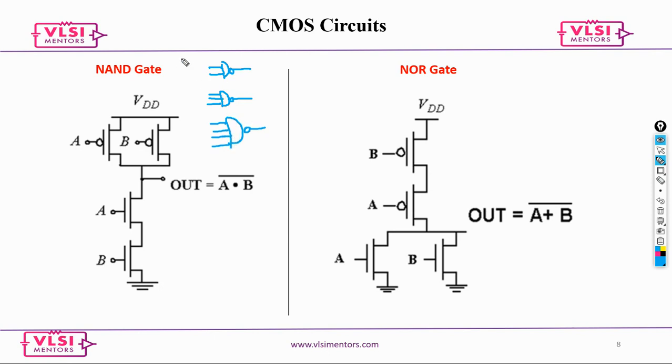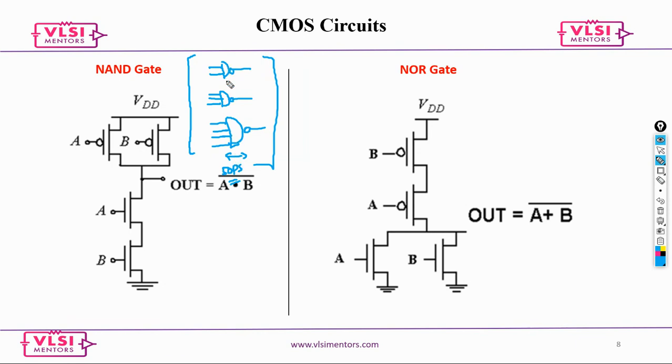In your design library, you will have all these kinds of cells available: NAND with two inputs, three inputs, and four inputs. Now remember one thing. Say the NAND 4 propagation delay is about 50 ps.